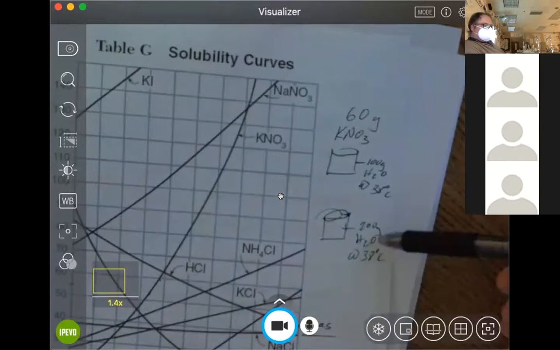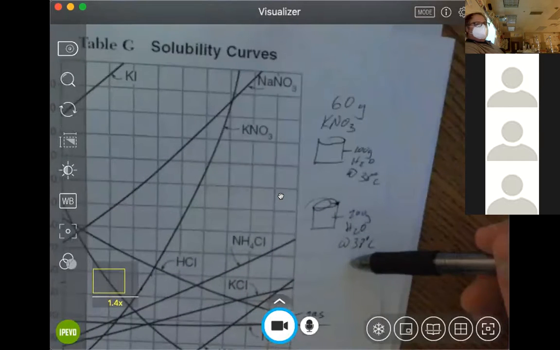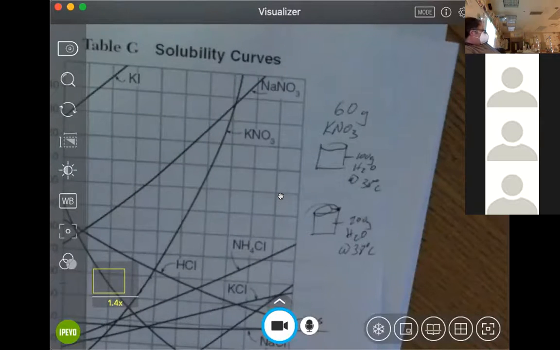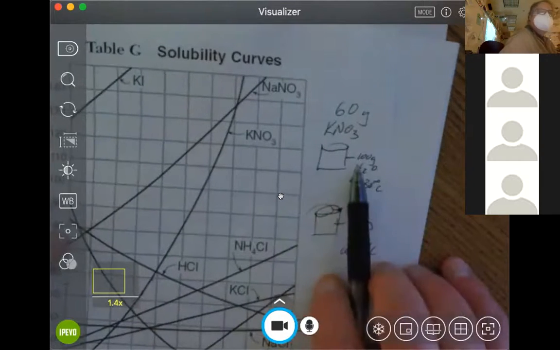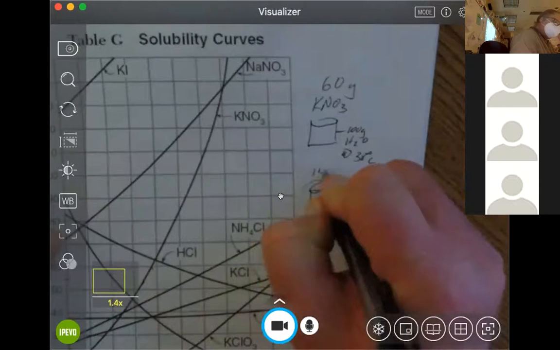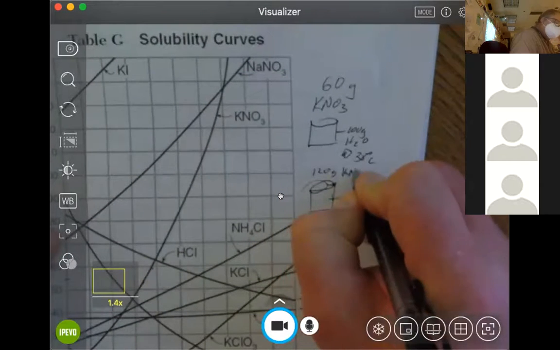How many grams of potassium nitrate can it hold? 120. If it can hold 60 in 100 grams of water, if we double the amount of water, we double the amount of solute that we can put in there.